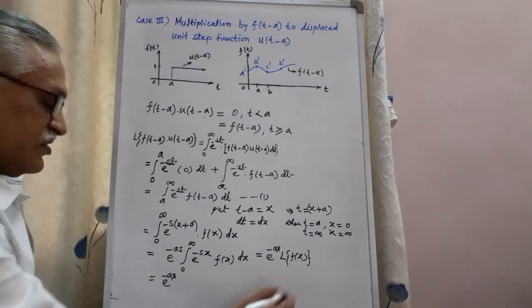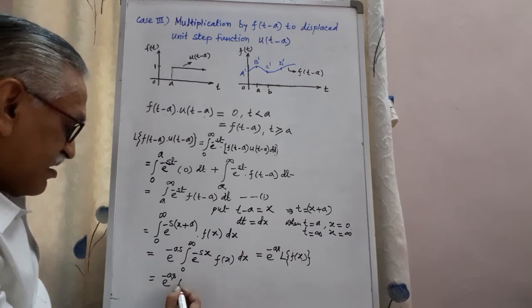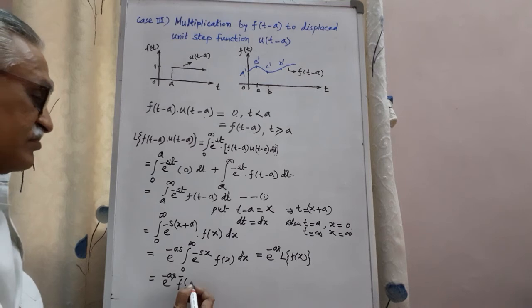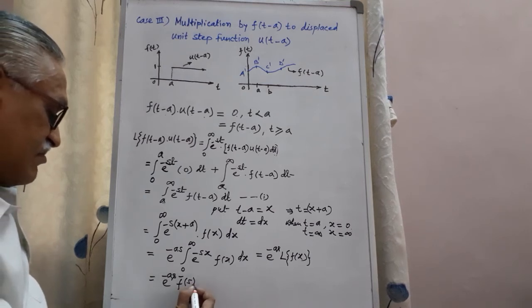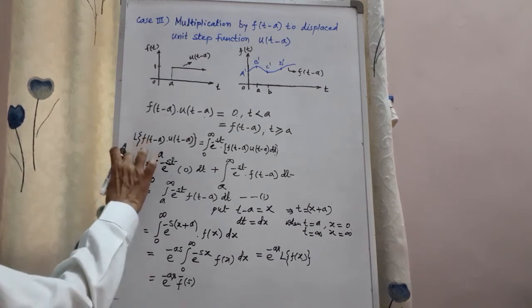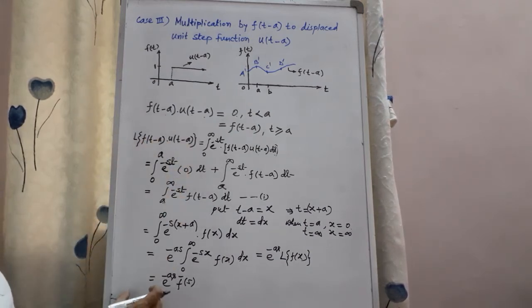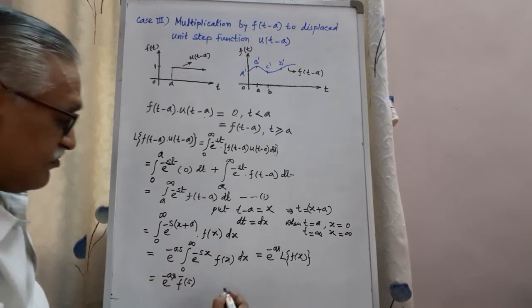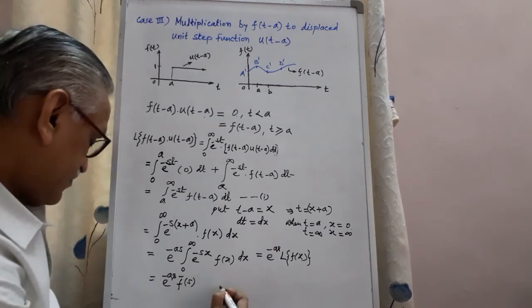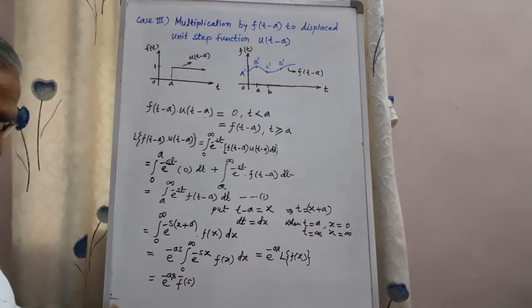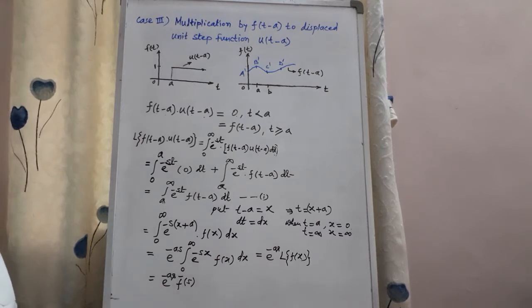Laplace of any function we denote by f bar of s, and therefore the Laplace of f of t minus a into u of t minus a is e raised to minus as into f bar of s. This is a standard result.